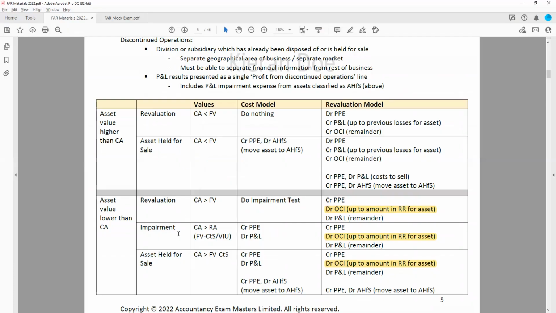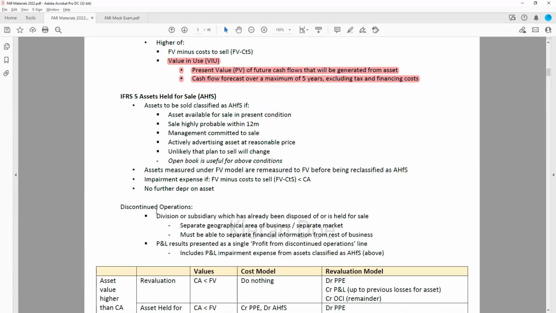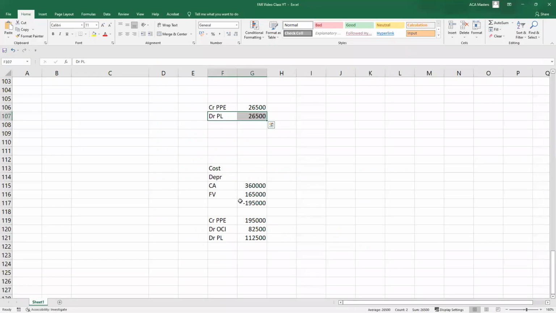That ties in with what we've looked at before on the revaluation model and impairments. So we can see here, that's how we account for this asset. That's what we do initially, and therefore that asset would be impaired. So we do this before we reclassify it.